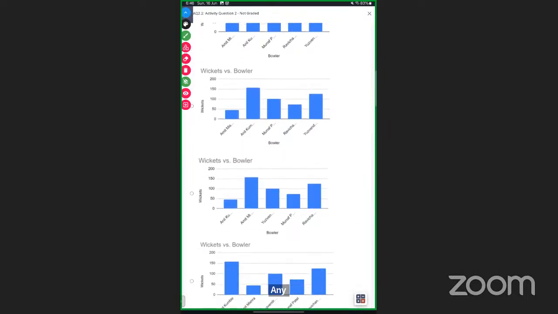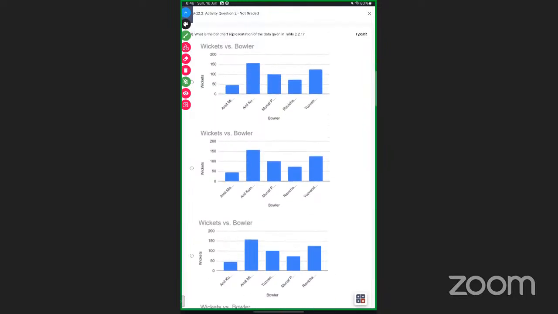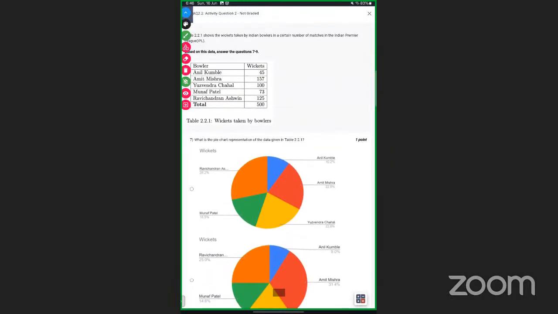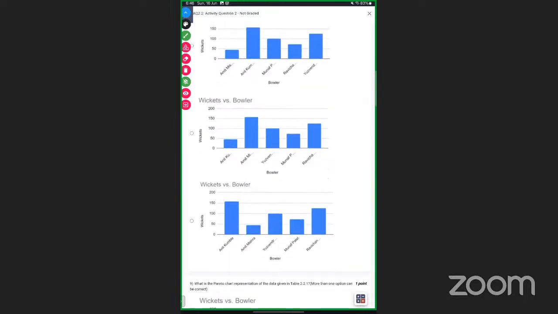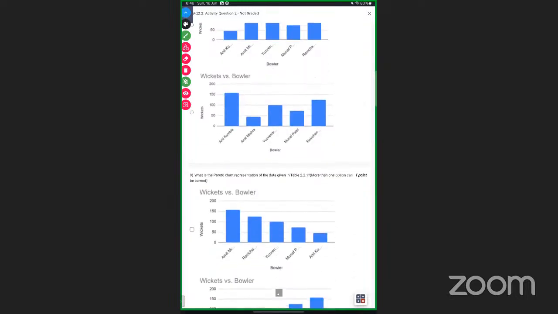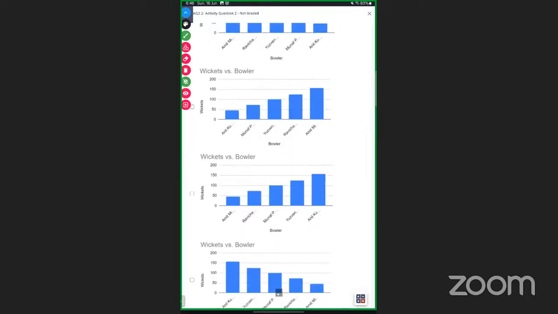Here Anil Kumble has the lower one, here he has the higher, so C is correct. This is the easiest question of all. You don't even need to calculate anything.